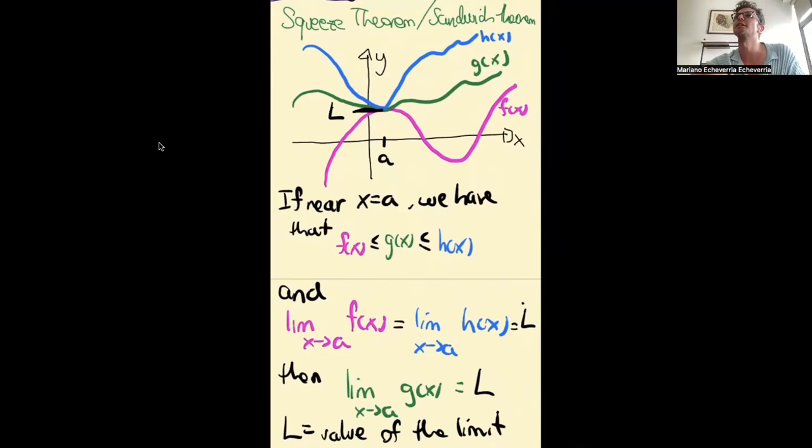So again, it's sometimes called a sandwich because you imagine F and H as the two pieces of bread, and then the meat or cheese or whatever inside the sandwich is the thing in the middle. If you make your two pieces of bread pass through the same point in space, then everything inside of it has to go through the same point.